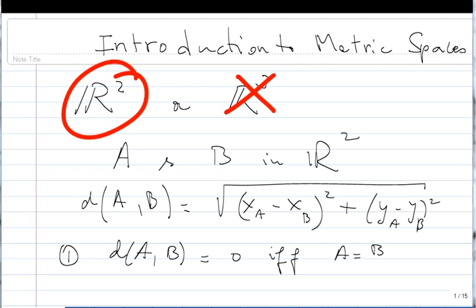That's number one. Number two, it is obvious that the distance from A to B is the same as the distance from B to A, because the squares remove the minus signs, so if we take XB minus XA, it is going to be the same.